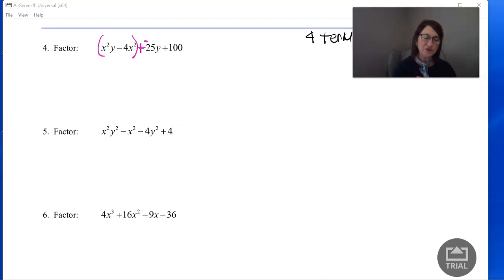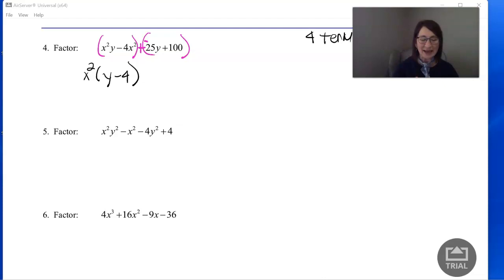So I'm going to group the first 2 terms, the second 2 terms to create my binomials. So out of that first set of terms, I am going to take out a greatest common factor of x squared. And then I'm left with y minus 4. Out of my second binomial, I see that my leading term is negative.